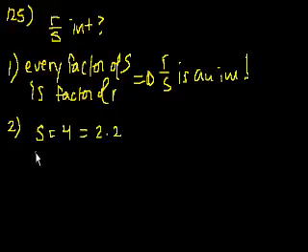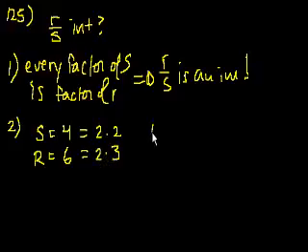And let's say that r is equal to 6, and its prime factorization is 2 times 3. So we have a case here where every prime factor of s is a prime factor of r, right? The only prime factor of s is 2, and that's a prime factor of r.